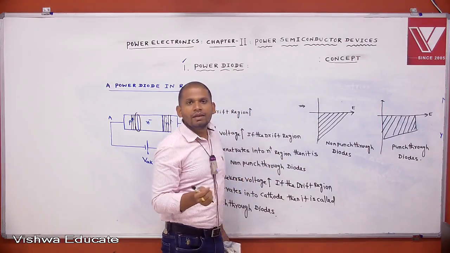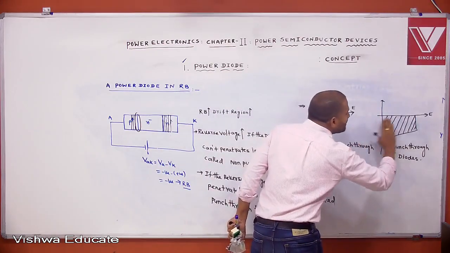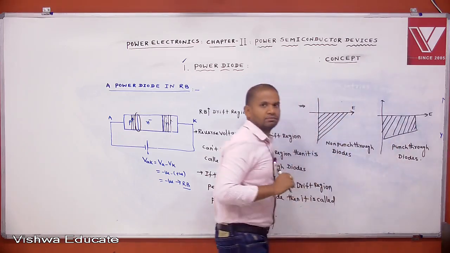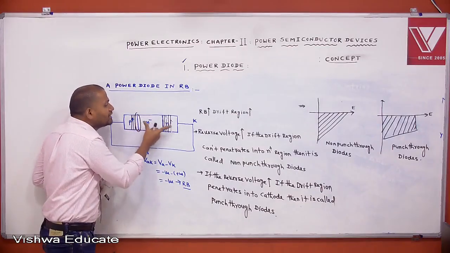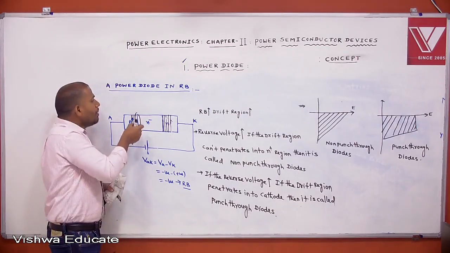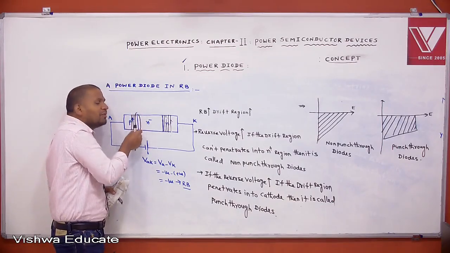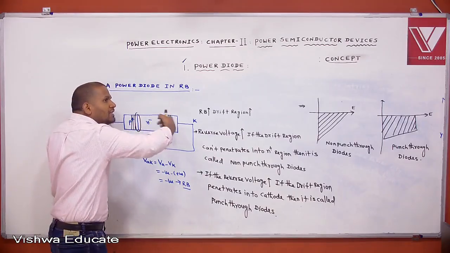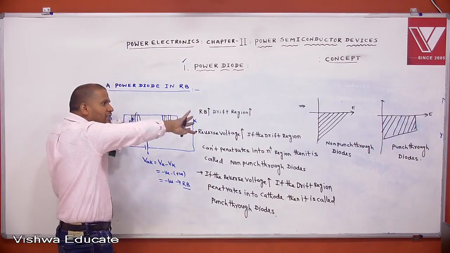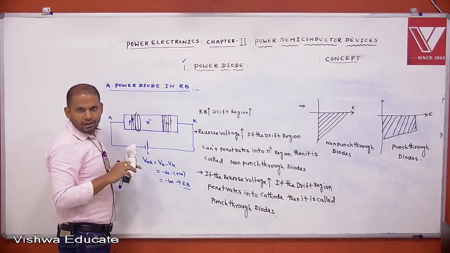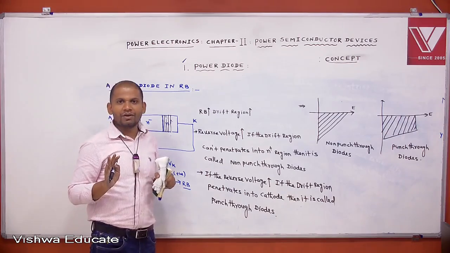But in the case of punch through diodes, the electric field strength variation is nearly uniform throughout the drift region. In non-punch through diodes, it is maximum at the P plus N minus junction, and as it moves towards the end, the electric field strength reduces.